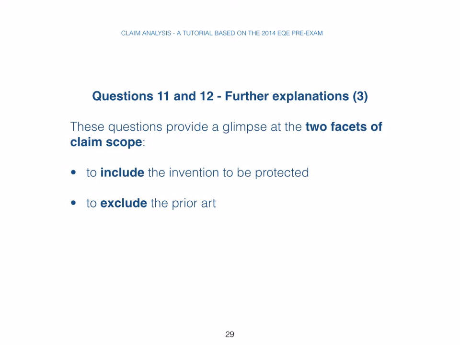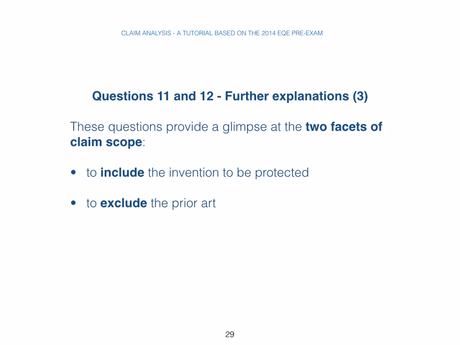And a second facet of the claim scope is to exclude the prior art, which we saw was not successfully done for claim 12, because the claims did not exclude the prior art, therefore lacked novelty, therefore the claims were not patentable.